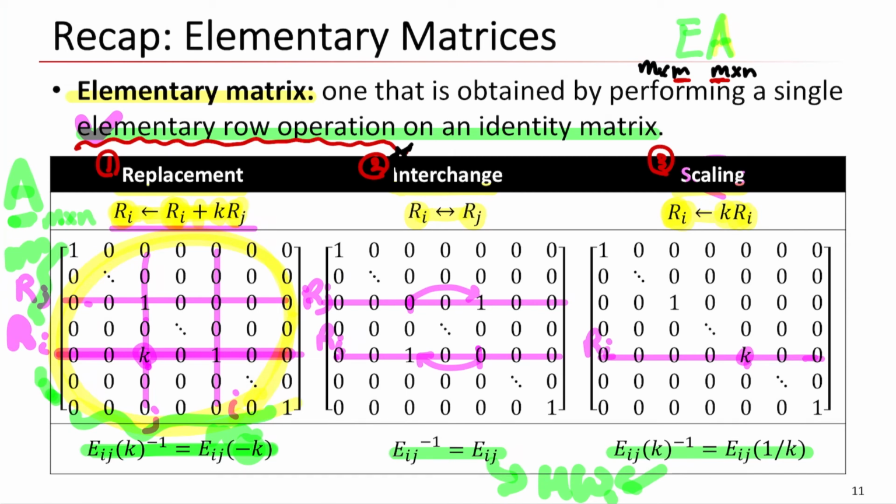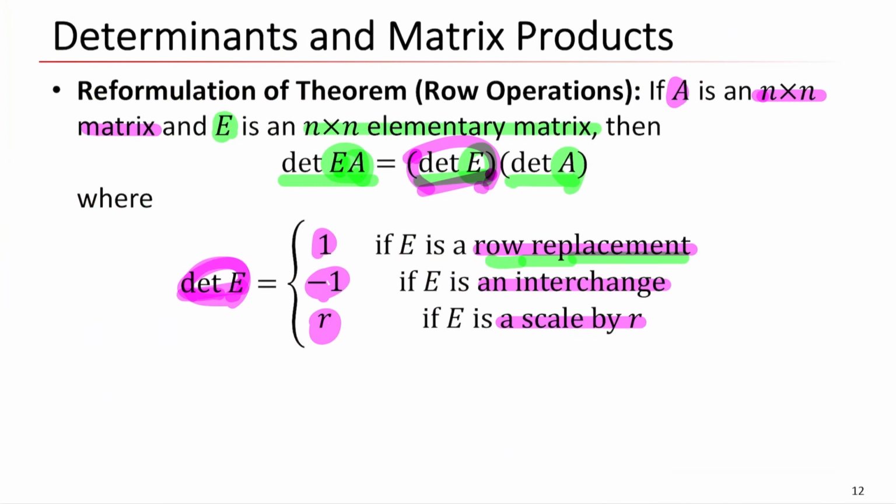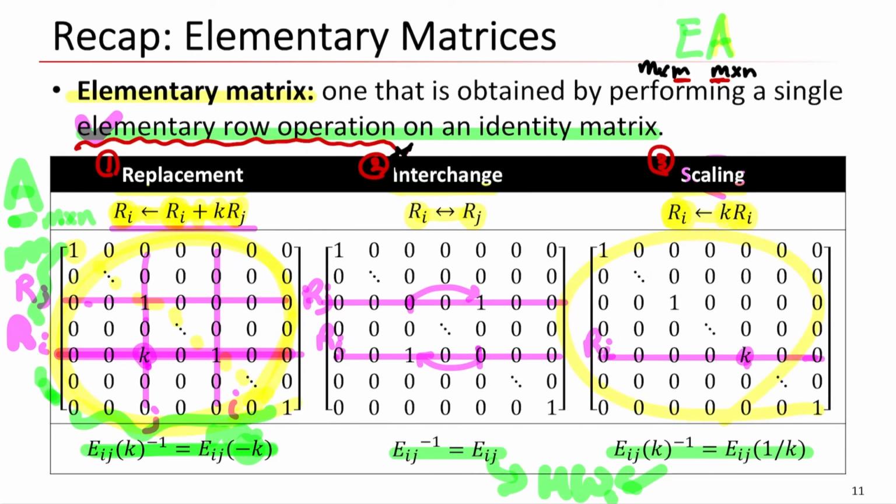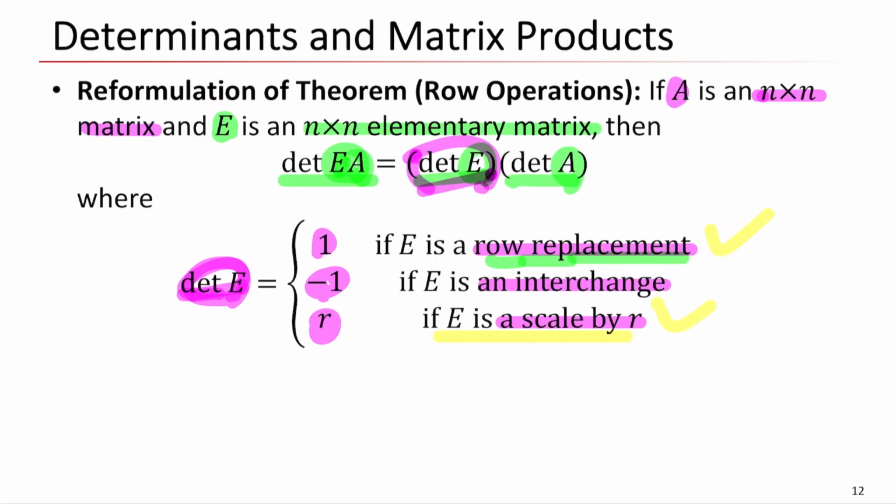Why? Because the determinant of this matrix is just the product of the diagonal terms, right? The diagonal terms are all 1, so the product of those diagonal terms will be 1, right? Okay, we proved this one. And what about this matrix? The product of the diagonal terms is what? k, right? This is very intuitive, right? In this case, this is r, right?